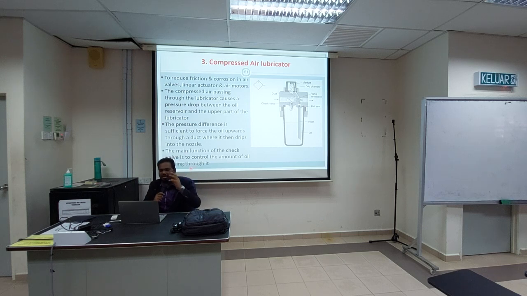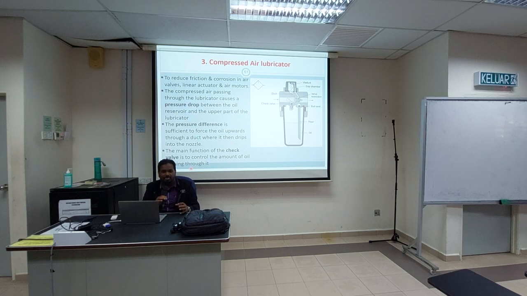So if your surrounding air is too humid, you need to decrease the humidity. So kurangkan kelembapan dalam udara. So you already pass through all this drying process. So udara you memang dah kosong. So memang dah tak ada apa-apa element of water lah.